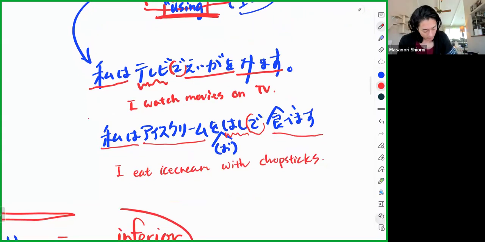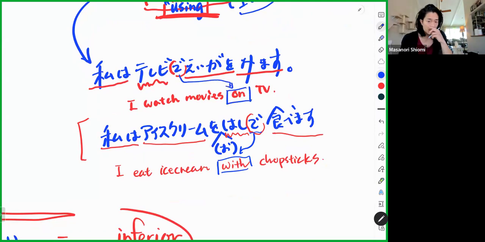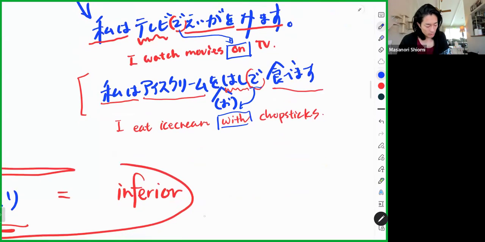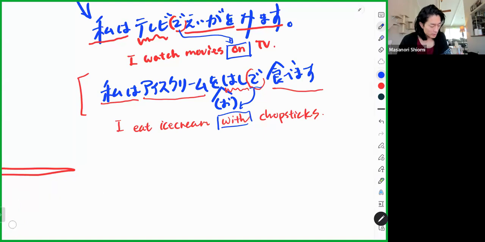So in this case, we translated this de as with, which is different from how we translated this de as at or on, right? So situation, context, this is one big reason why I don't recommend anyone to just memorize particles by direct, literal translation.